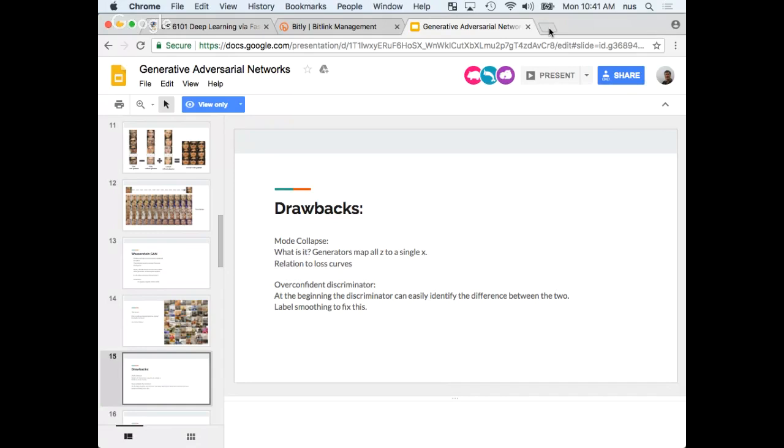But why is that the case? We're not going to go that deep into the theory right now. Okay, so it could be it doesn't converge because Jensen-Shannon divergence or KL divergence doesn't give us a fine-grained indication of whether things are similar or not.